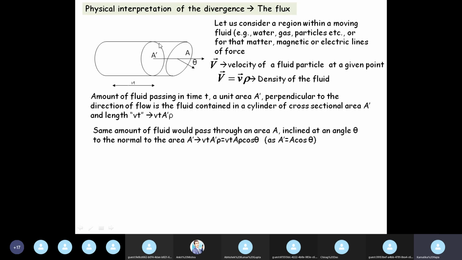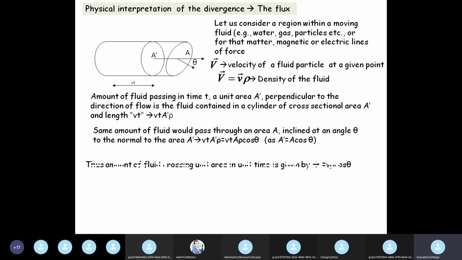So the amount of fluid which was contained in this cylinder will also pass through this inclined surface. Okay, and since this angle is theta, therefore A prime is equal to A cos theta. So in this quantity Vt A prime rho, we can replace A prime by A cos theta. So the amount will be given by Vt A rho cos theta.